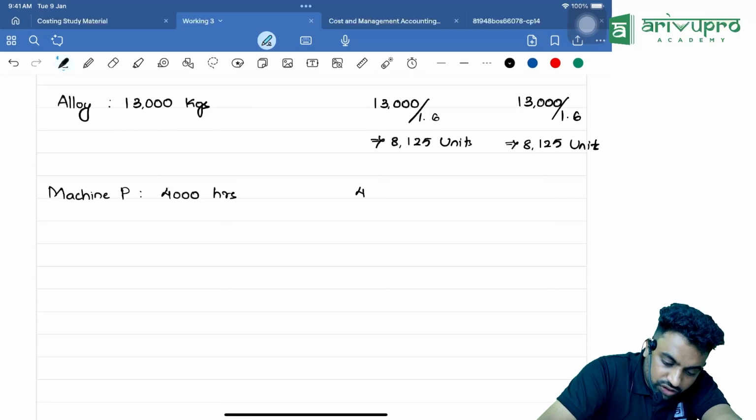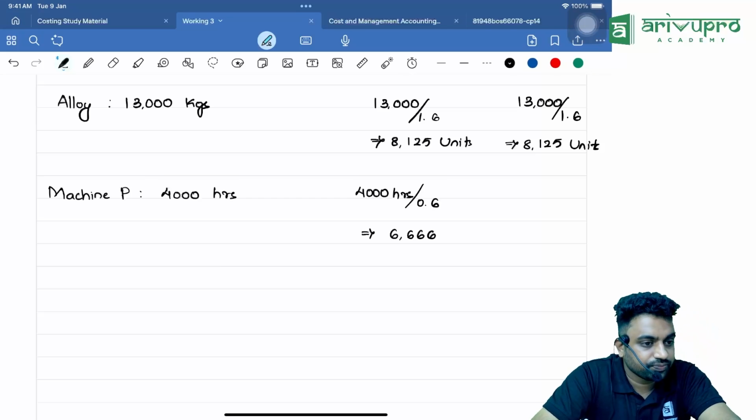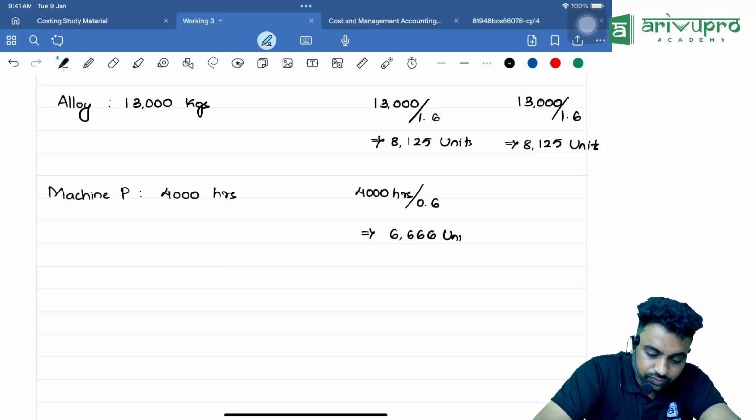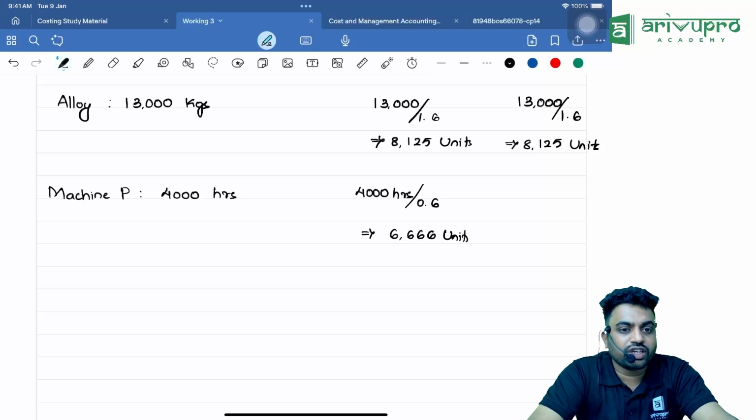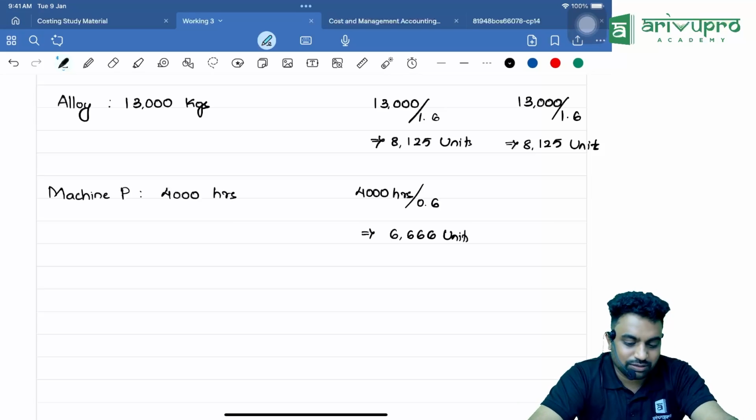So, in that 4000 hours, if each and every unit takes 0.6 hours, 6,666 units. Sir, but round it off to the next one? No, not at all possible, because machine hours are limited. You can save machine hours, but you can't push the machine hours. Maximum is your 4000.